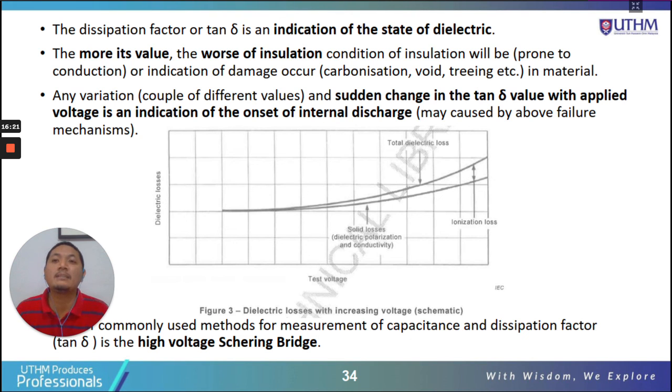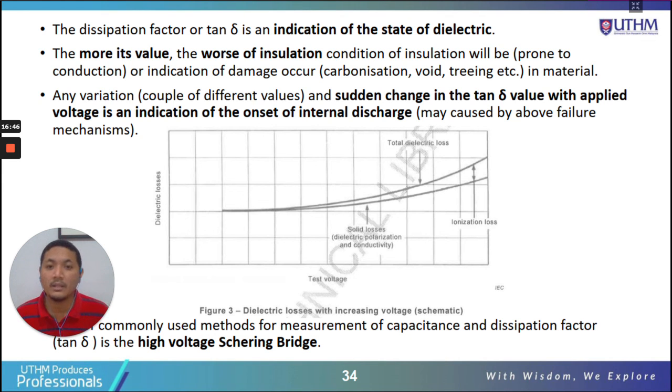The dissipation factor or tan delta is an indication of the state of the dielectric material, the condition of the insulation. Like I said, if the tan delta value is larger, then the insulation condition is worse.